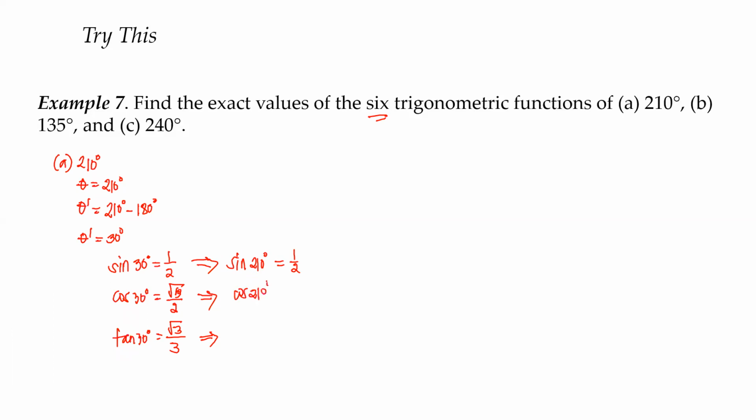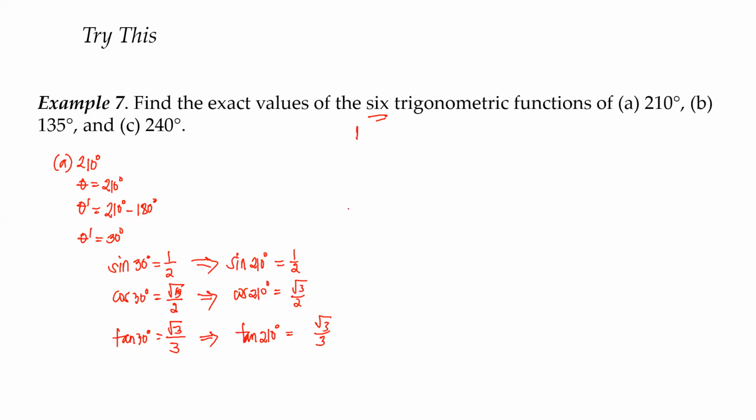Cosine of 210 is square root of 3 over 2. Tangent of 210 is equal to square root of 3 over 3. However, we are still missing one thing.